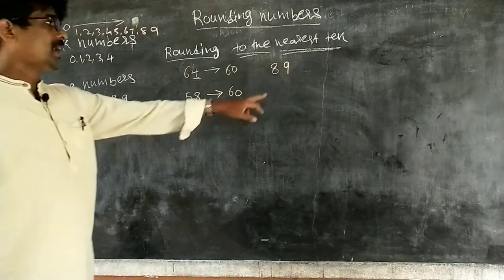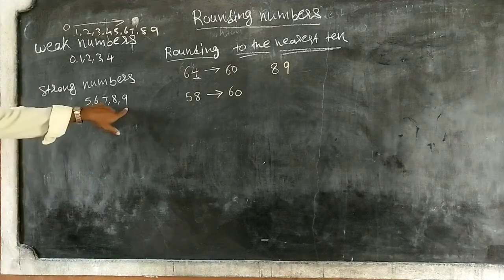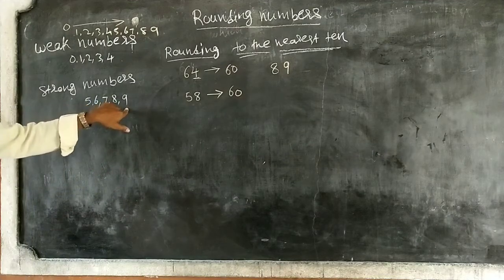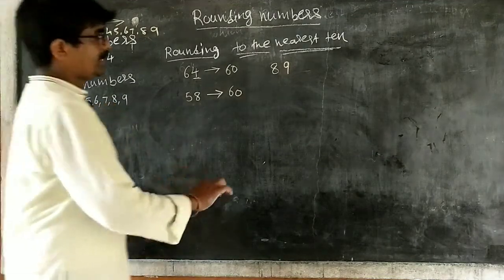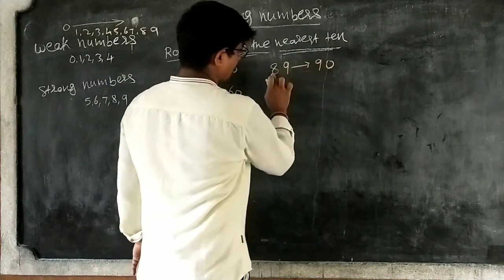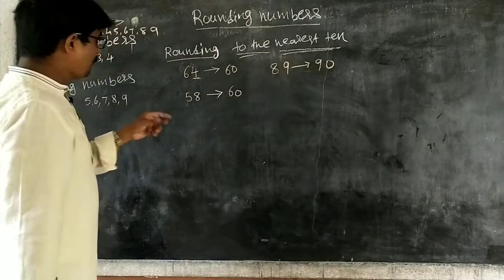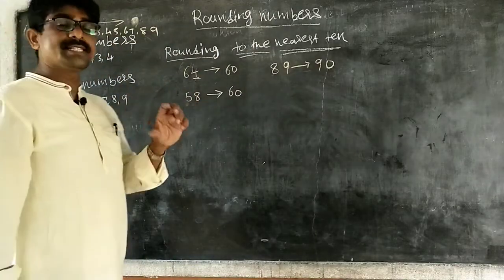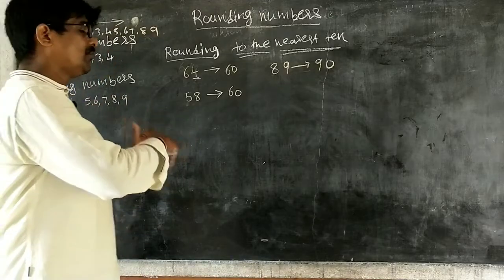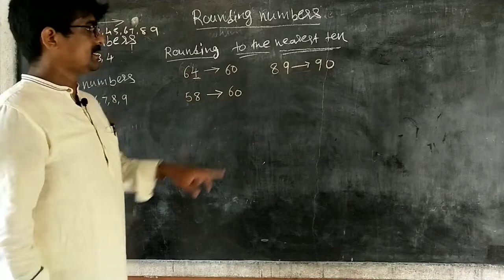You have to take 9. Is 9 a weak number or a strong number? 9 is a strong number. That's why simply you have to write 90. If the ones place number is a strong number, then you have to go to the next number. After 58 you go to 60.